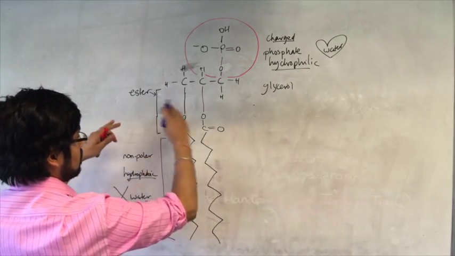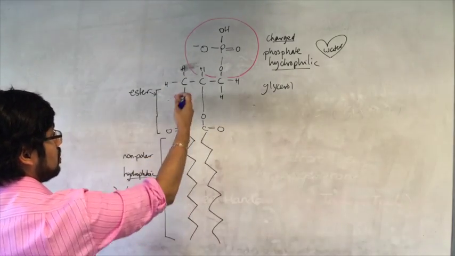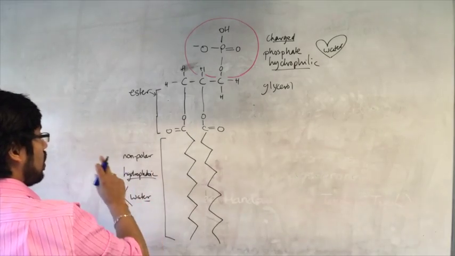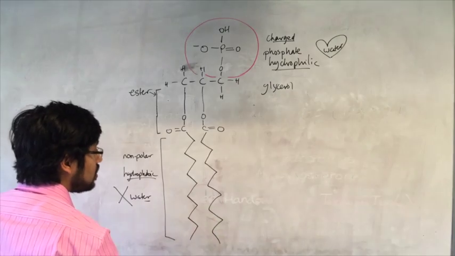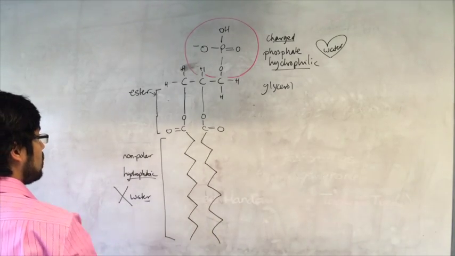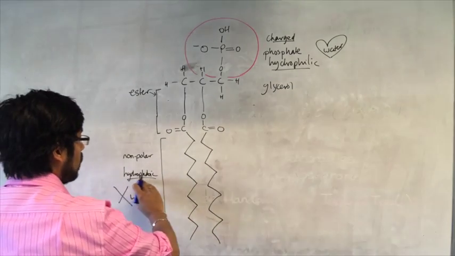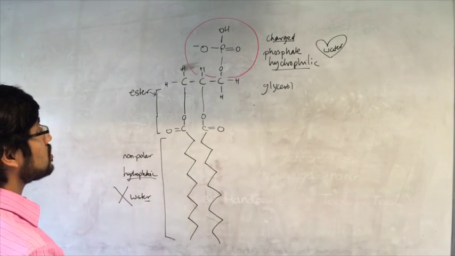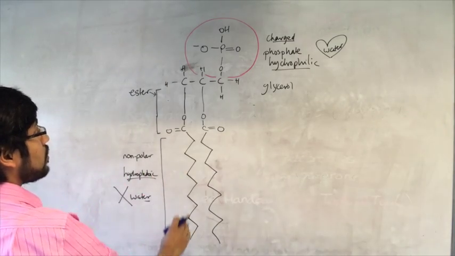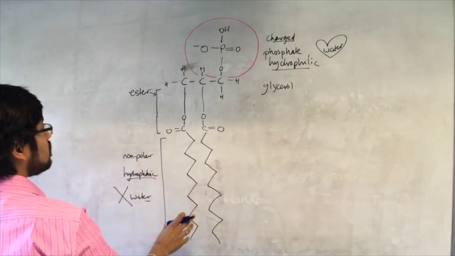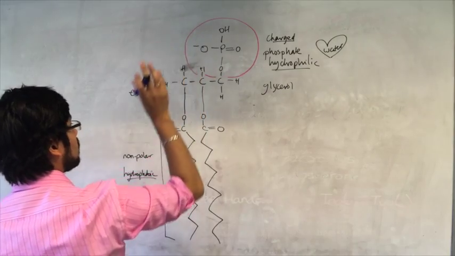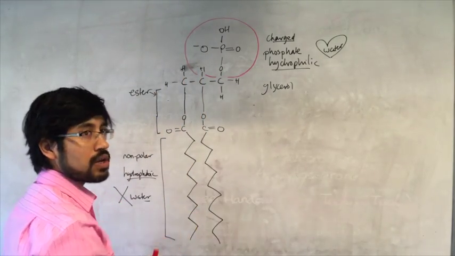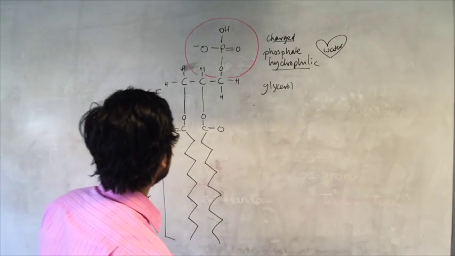In the opposite case, down here, the fatty acid tails, the hydrophobic tails of the lipid, are non-polar, with very evenly distributed electrons, evenly distributed charge, therefore hydrophobic, and does not interact with water. So you've got one molecule, the phospholipid, hydrophilic and hydrophobic, one molecule with two very different personalities, as it were.